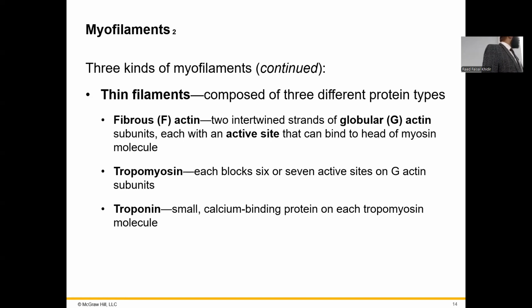These are tropomyosin and troponin. Each would block 6 or 7 active sites on the G-actin subunit. So troponin is a small calcium binding protein on each tropomyosin molecule.